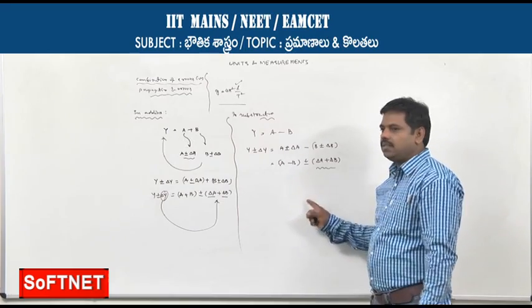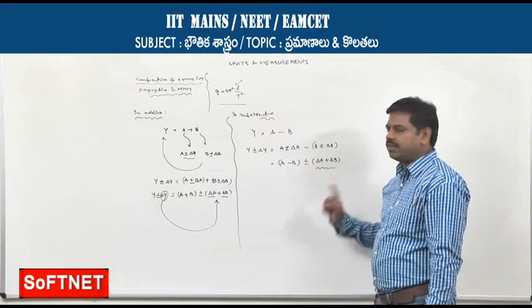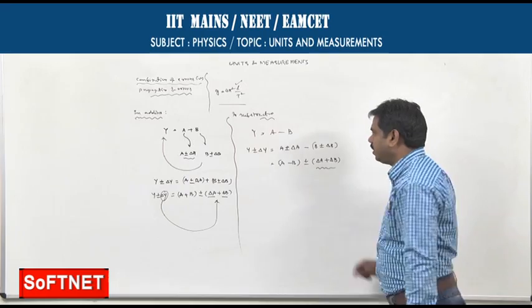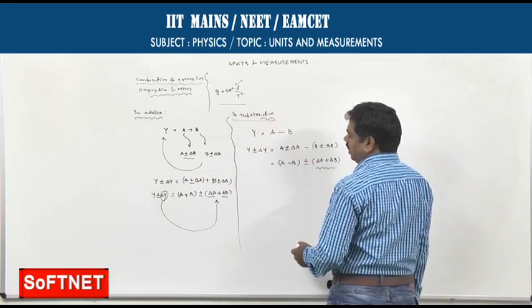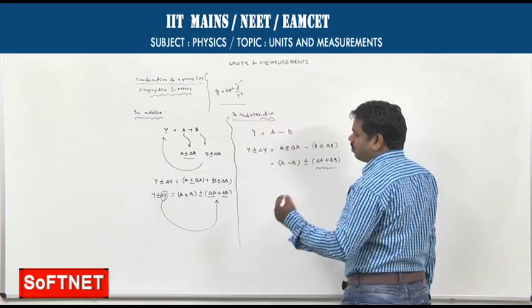Because the maximum absolute error will always be positive. So, delta A plus delta B. This is in subtraction.